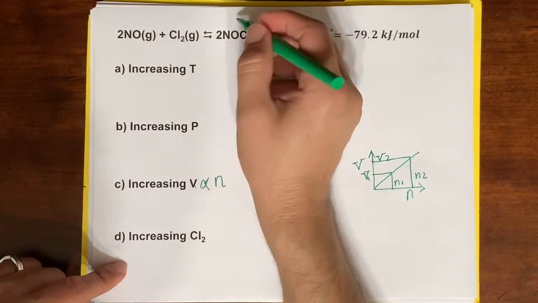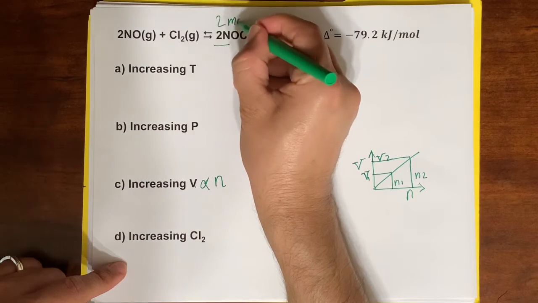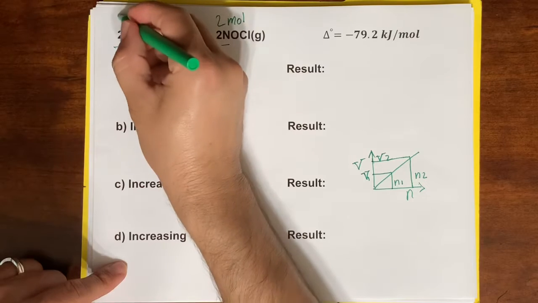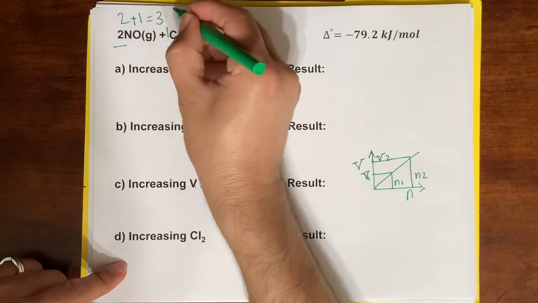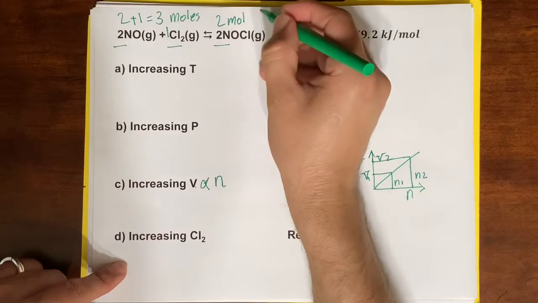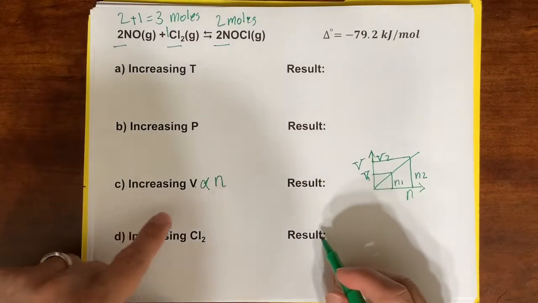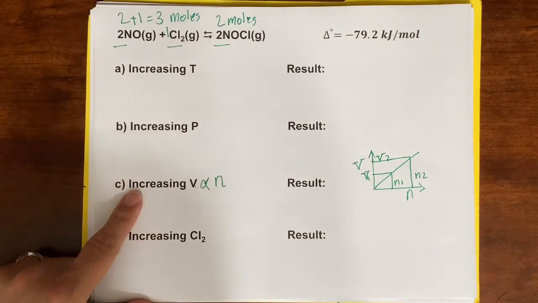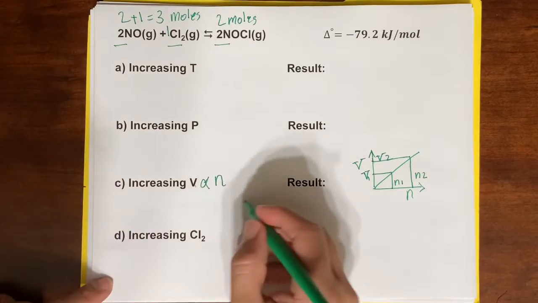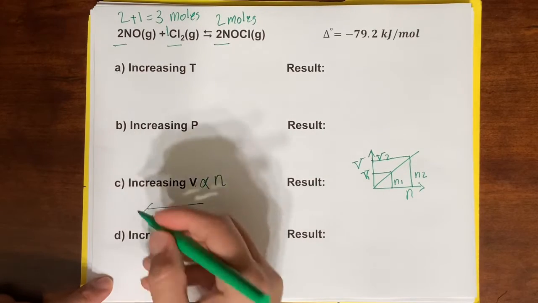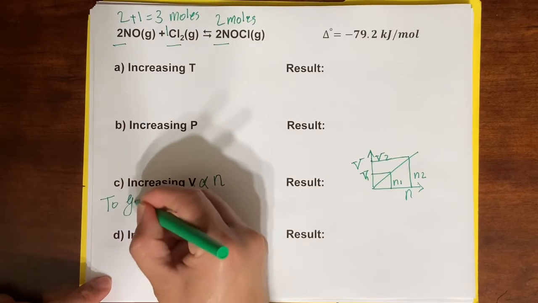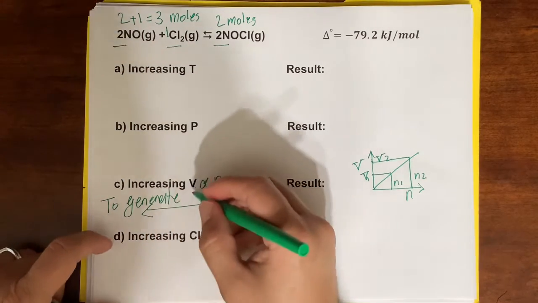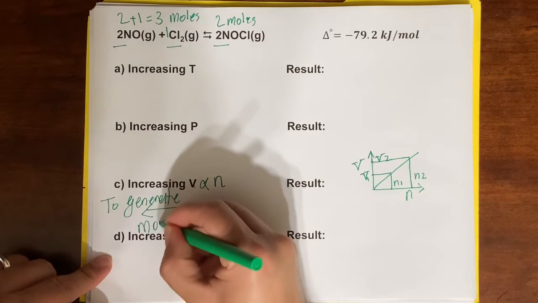So look at this one. We have 2 moles on the product side, and on the reactant side we have 2 plus 1, 3 moles. If you increase volume, because you have more space, you can accommodate more moles. So the reaction will move to the left to generate more moles.